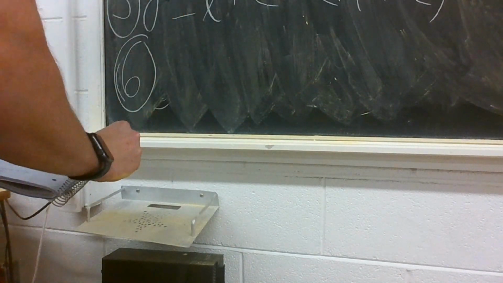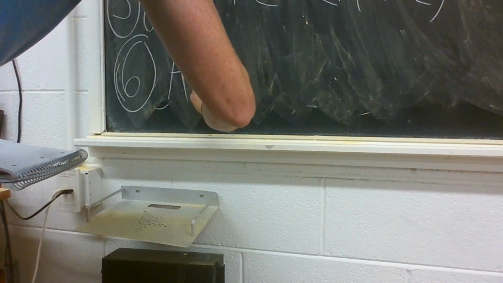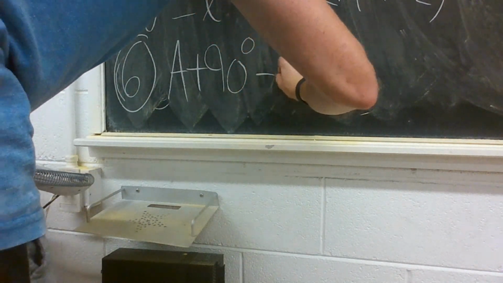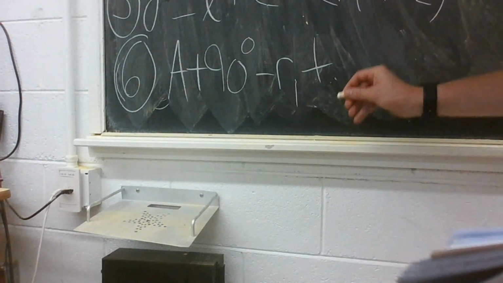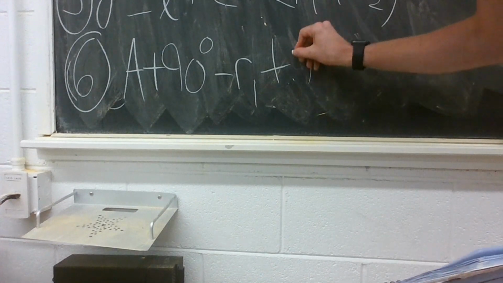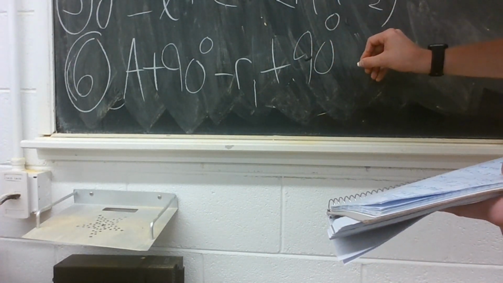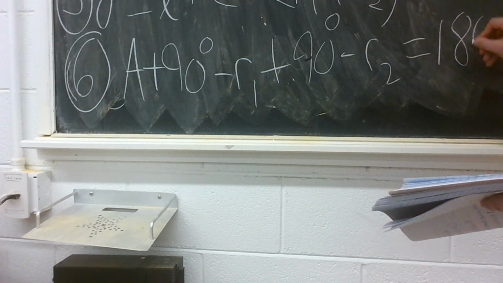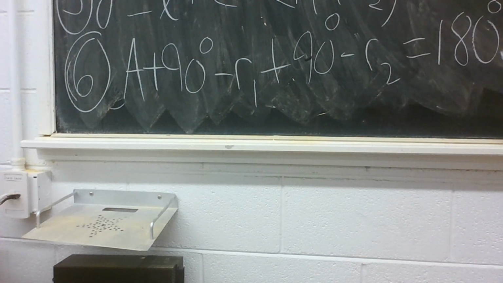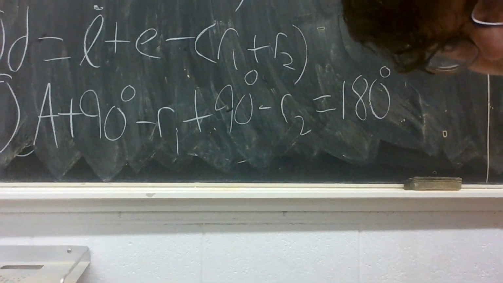So we're going to do A plus 90 degrees minus R1 plus 90 degrees minus R2 is equal to 180 degrees. Then let's do some simple math right here.